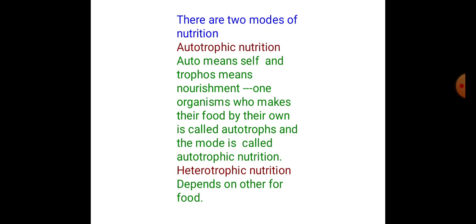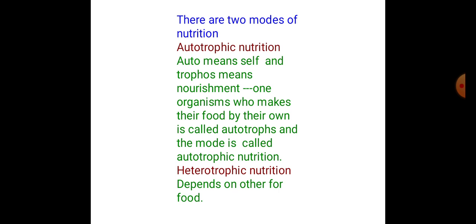Students, actually plants have chlorophyll. Remember the term chlorophyll in their leaves. Now what is chlorophyll? It is a green pigment found on the surface of the leaves. That's why plants are green in color. This chlorophyll has the ability to catch sunlight, to catch sun energy.